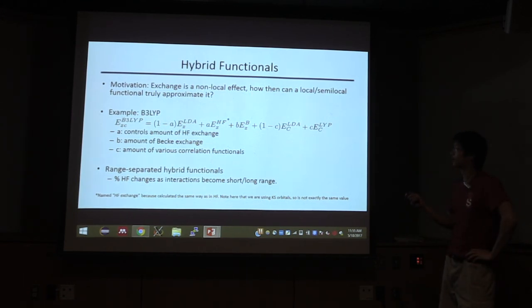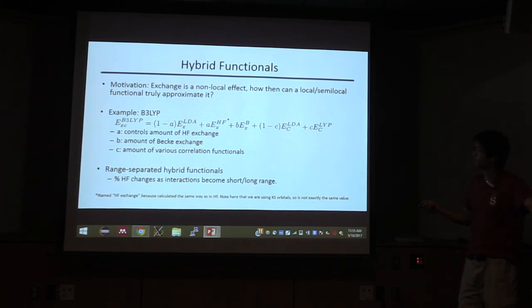So then the reasoning goes, how can a local or semi-local functional truly approximate this value accurately? The answer to this question is it can't. So we explicitly calculate the exchange, which we know how to do from Hartree-Fock. And so your functional now has a bunch of parameters that include specific fractions of exchange from different sources.